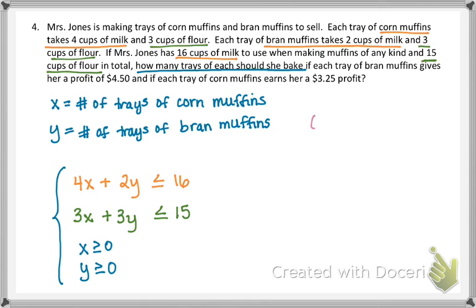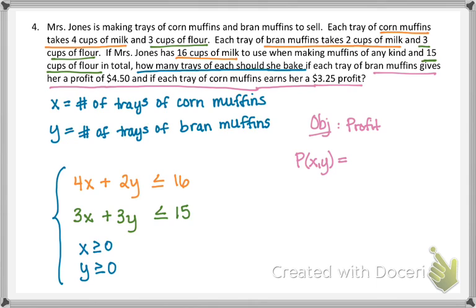Okay, so again, our objective is profit. So I'm going to say P of XY is equal to, looks like she's going to make $4.50 for each tray of corn muffin and $3.25 for bran muffins. Corn muffins give her $3.25 and bran muffins give her $4.50.